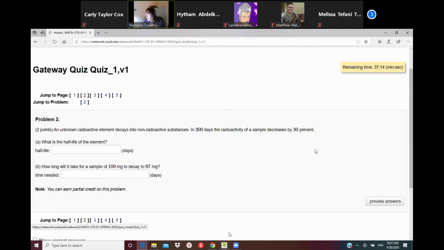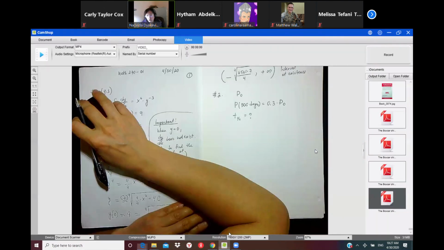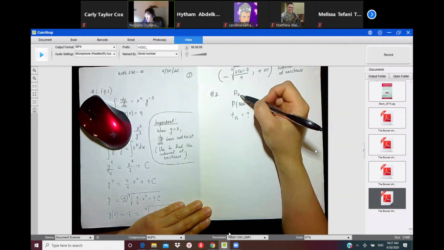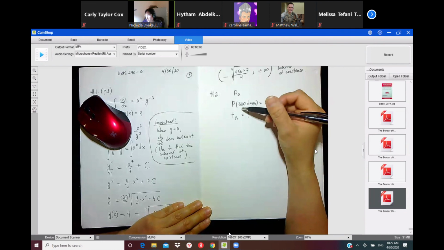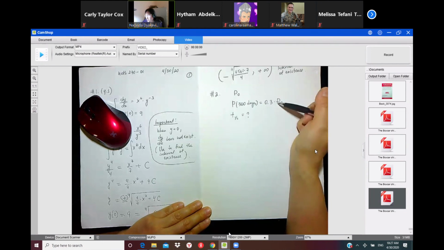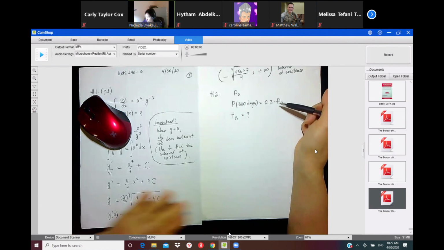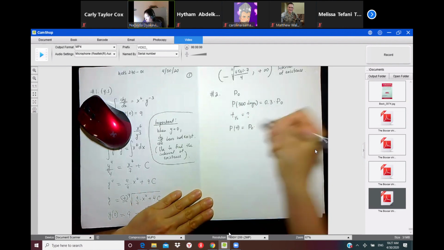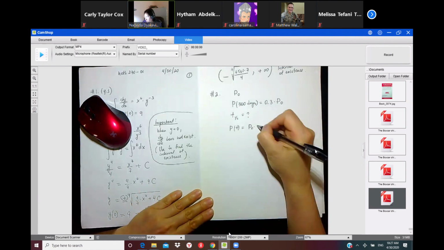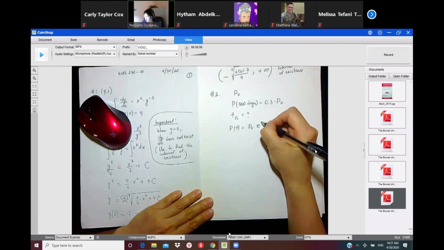So this is what I wrote down over here. I have, again, some unknown, it's not given to us. P sub 0, the initial quantity is not given, but we do know that after 300 days, we have only 30% of that initial quantity. Do you agree? So here's the formula for the radioactive decay, E to the minus lambda T. I'm not deriving this anymore.